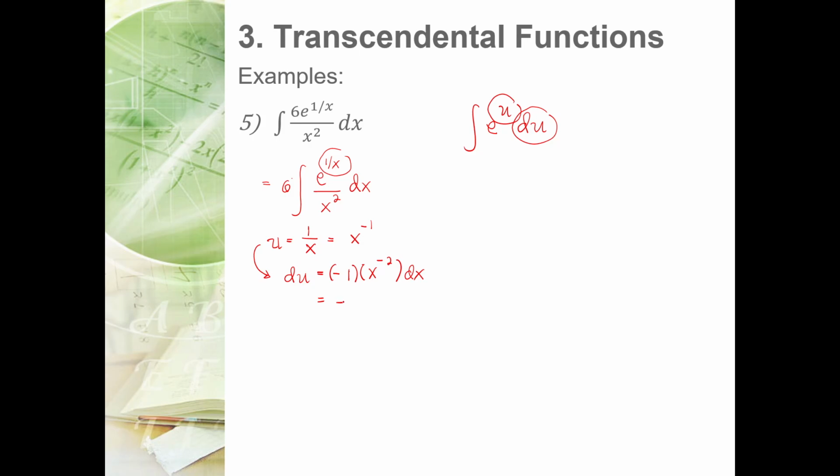So you have negative x to the power of negative 2 dx. So bringing back the value in the denominator, you have negative dx all over x squared. So take note that this one is dx all over x squared, but in our derivative we have a negative sign. So divide everything by negative 1. So negative du is equal to dx all over x squared.